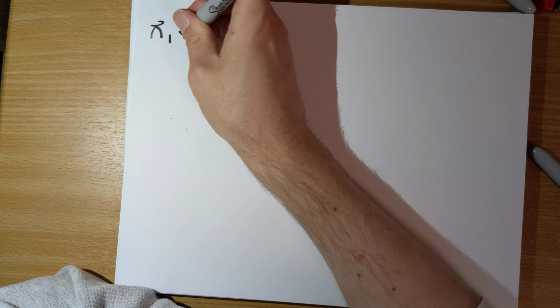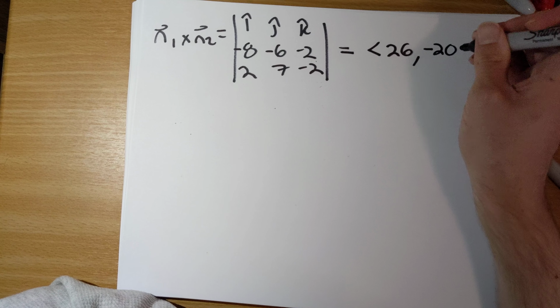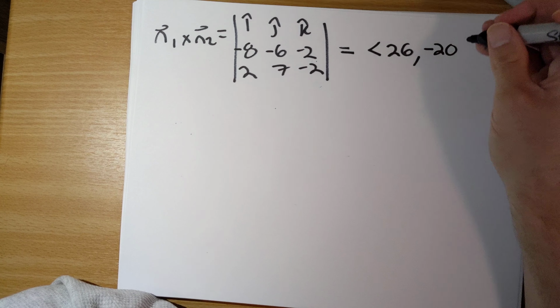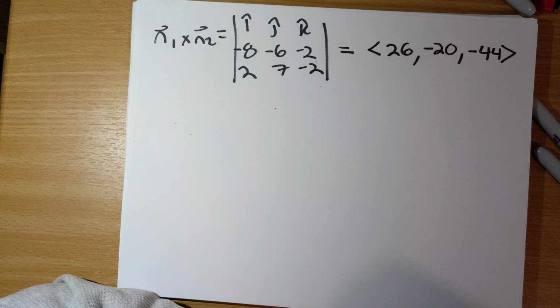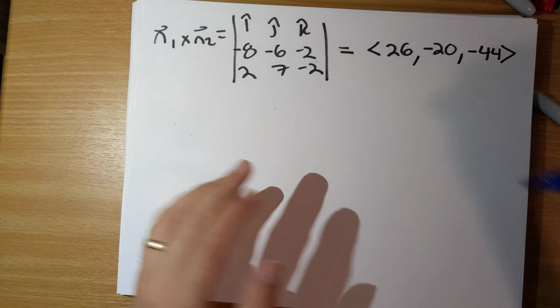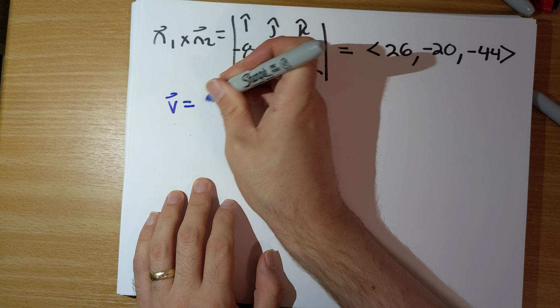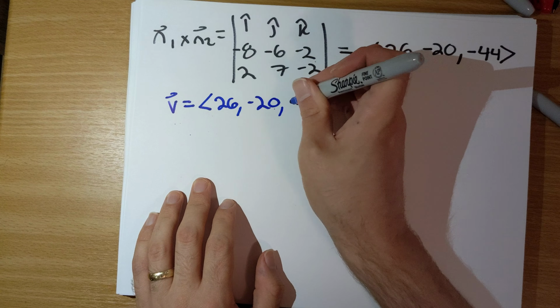If you take the cross product, I'm going to skip the steps and just write down the answer: 26, negative 20, and negative 44. If you are suspicious, you can check that this is in fact orthogonal to both n1 and n2. So we can use this as our v: 26, negative 20, and negative 44.